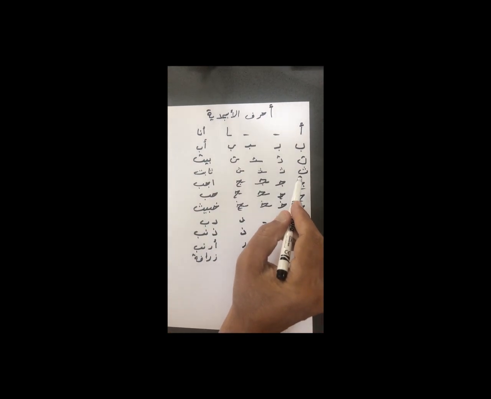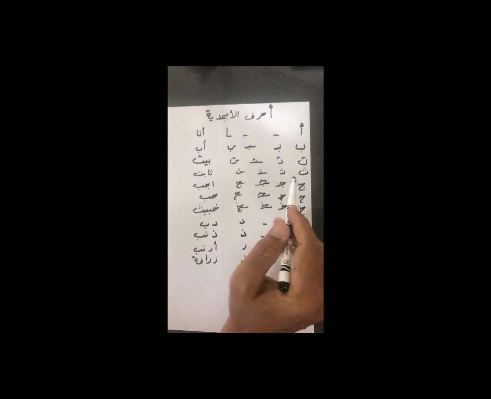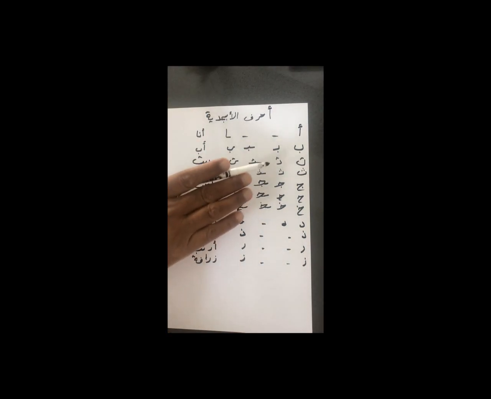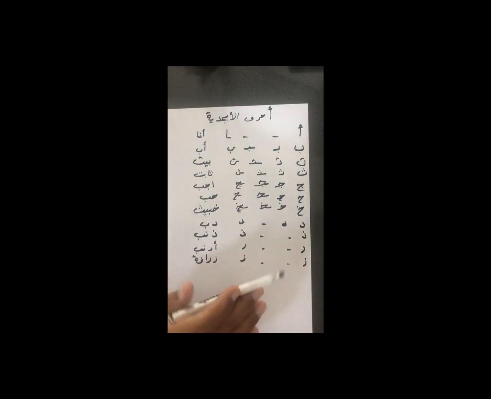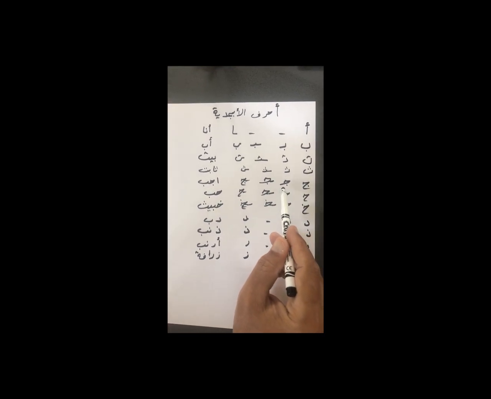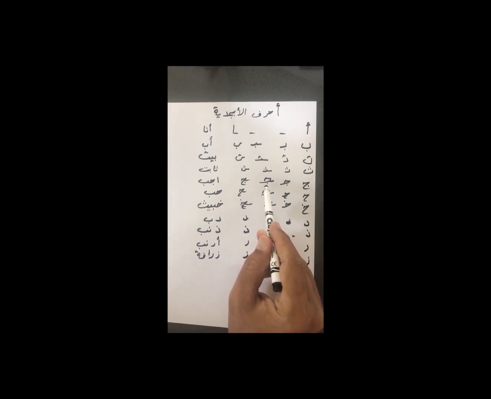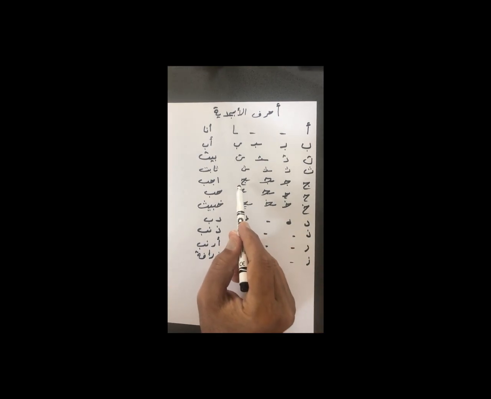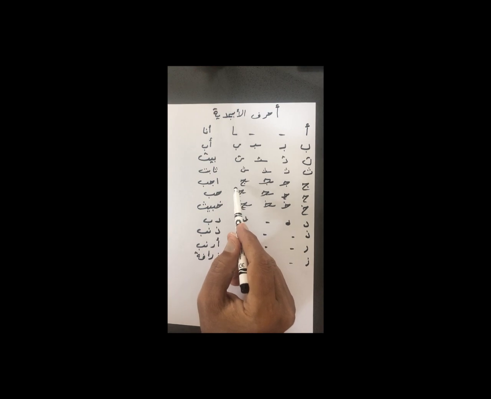Jim. Here I was revising at the beginning, and now I'm starting the new letters with you. Jim in the initial, Jim in the middle of the word, Jim at the end of the word.